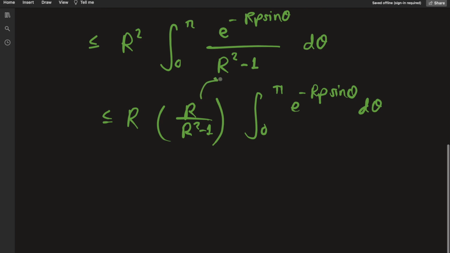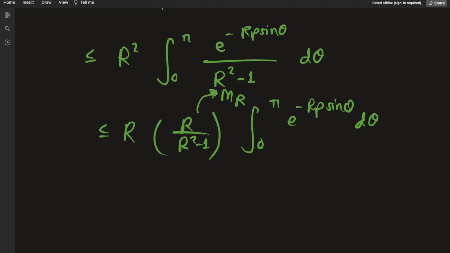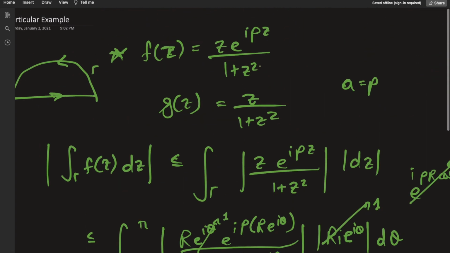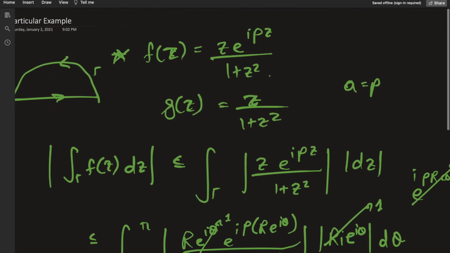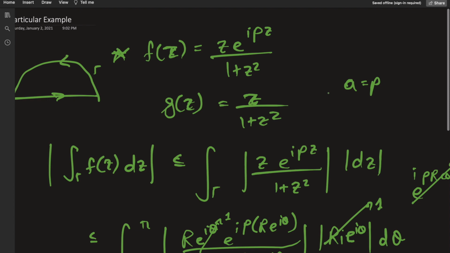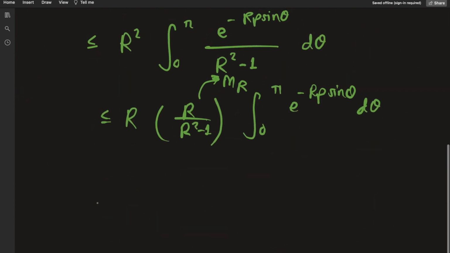Notice that this guy is m sub r, the maximum upper bound of g of z, and you'll know it's true if you basically back substitute over here and then take the inequalities. You end up with this guy. So fine, we're essentially going on the right track, that at least Jordan's lemma predicted.